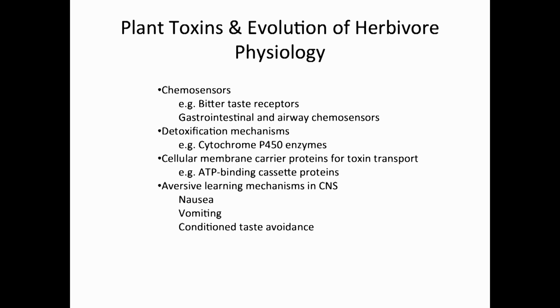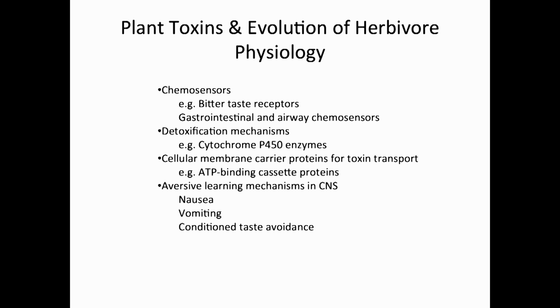We have detoxification enzymes, so enzymes that detoxify plant drugs and help expel them out of the body. So with nicotine, it's cytochrome P450 enzymes. So we have a whole host of enzymes that metabolize xenobiotics, foreign biotic substances. Cellular membrane carrier proteins help transport toxins out of the body.